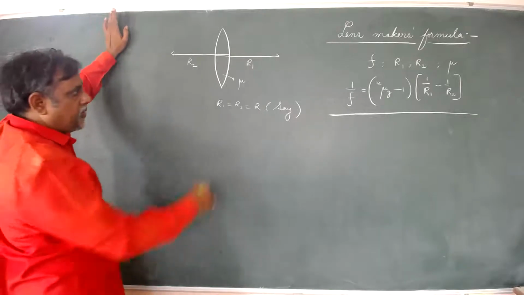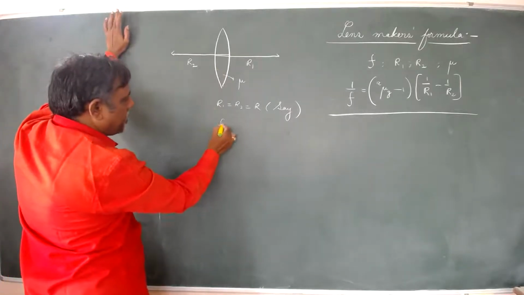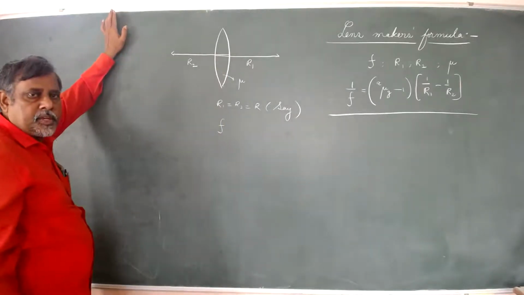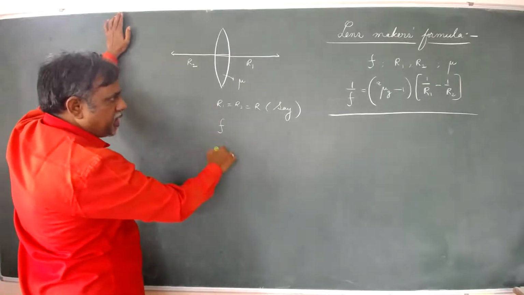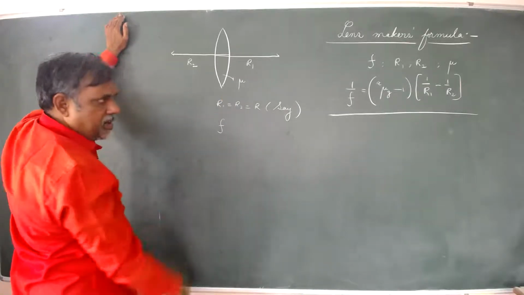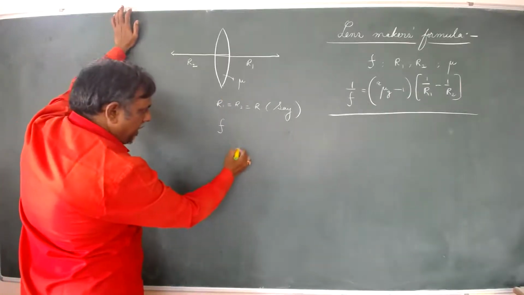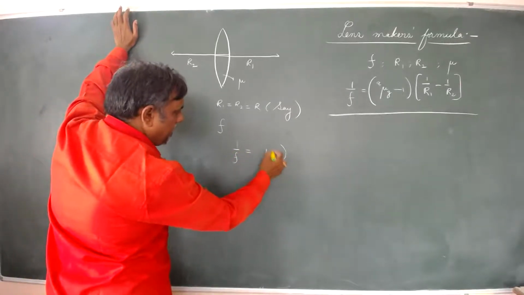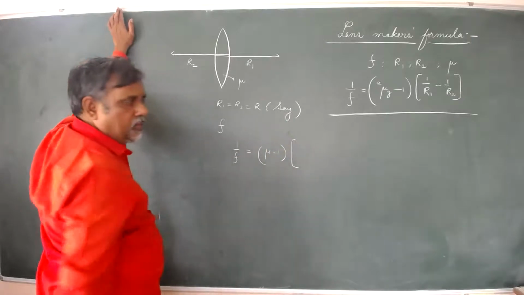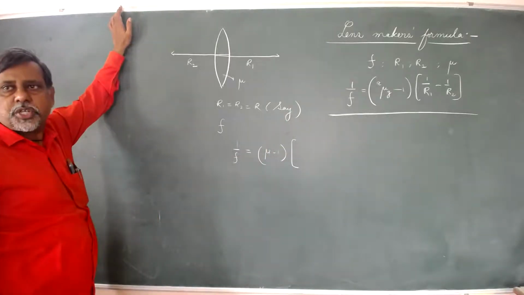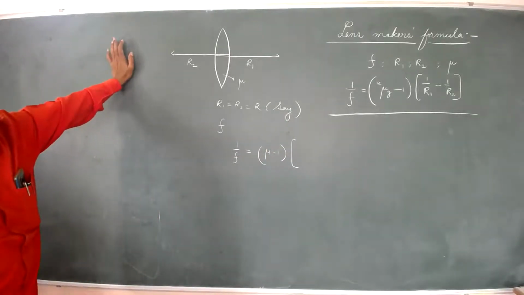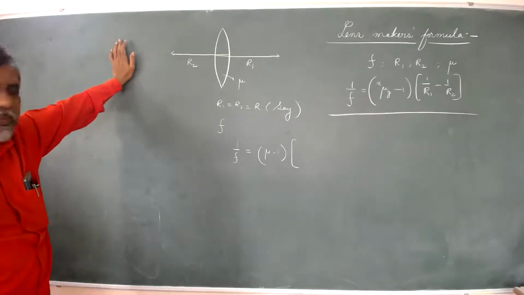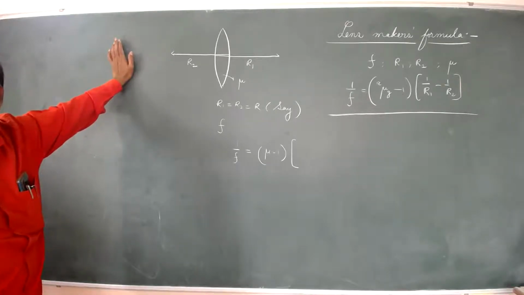And the focal length of this particular lens is f. If you apply the lens maker's formula for this data, 1 by f is equal to mu minus 1 into... For the radii of curvature, you need to apply the sign convention.